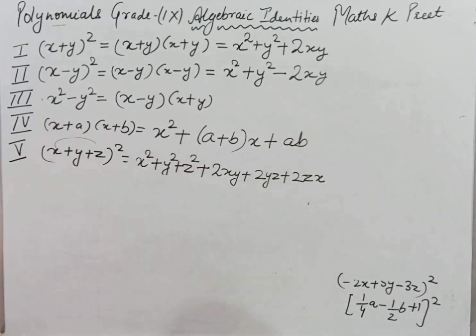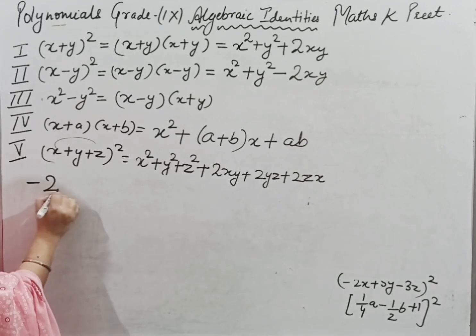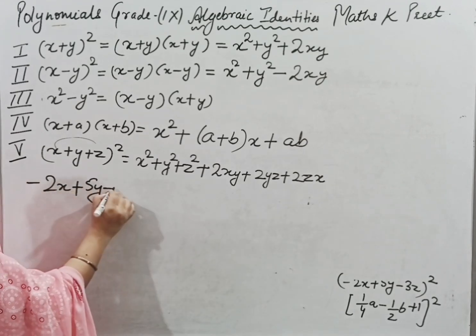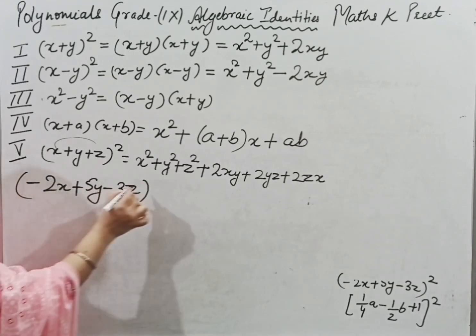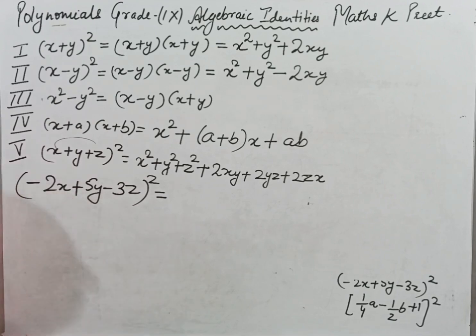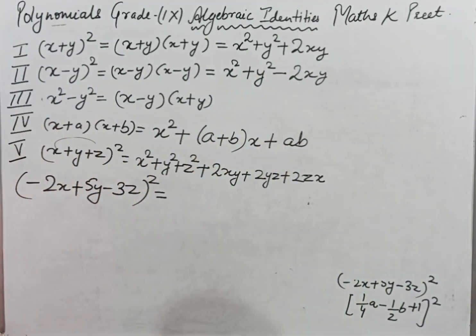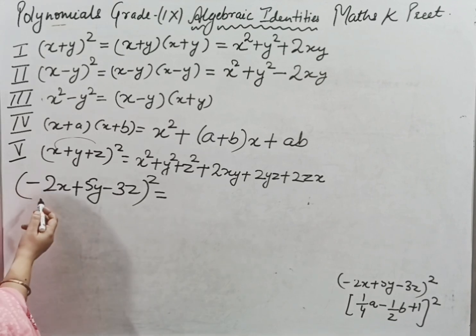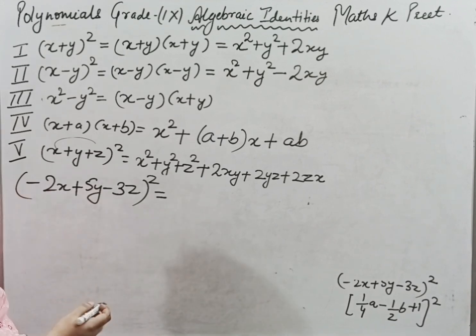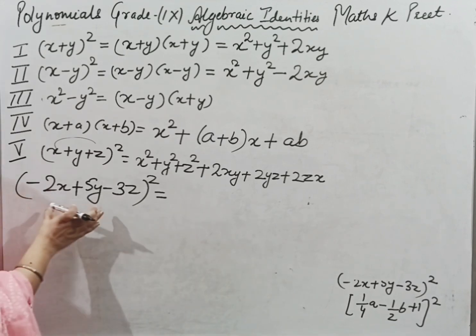Let's see the next question. The question is (-2x + 5y - 3z) whole square. This is identical to identity number 5, and we will make use of identity 5 here. X is basically minus 2x, y is 5y, and z is minus 3z here.